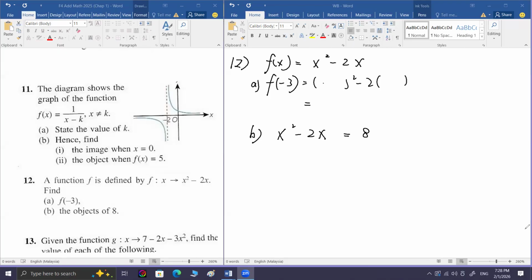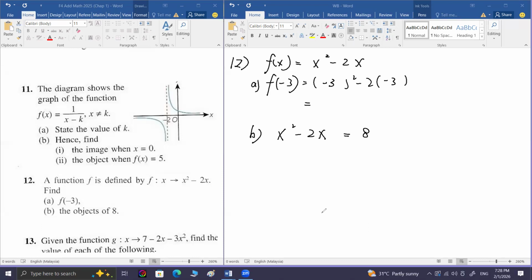Yes, Jaden, you can send to my WhatsApp. Yes, good. Your answer is correct. Okay, can I have the A? How can it be negative 5? There, Parveen, you see negative 3, right? You apply negative 3 here.